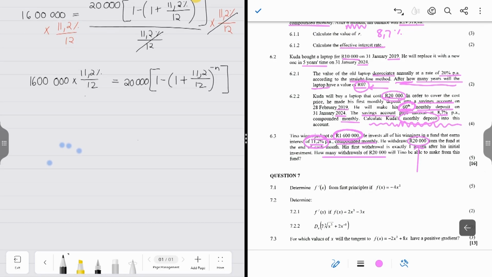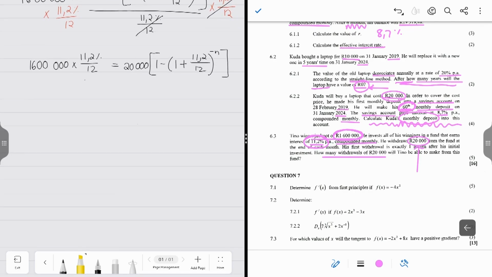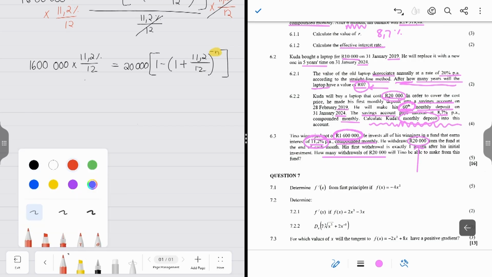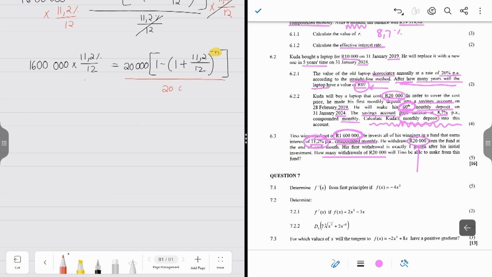Now we are going to still try to get n on its own. N is over there, so we're going to get rid of that 20,000 by dividing by 20,000 on both sides. So the 20,000 is going to fall away. What am I left with?